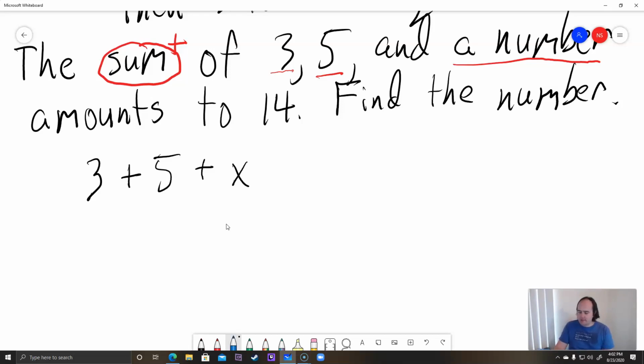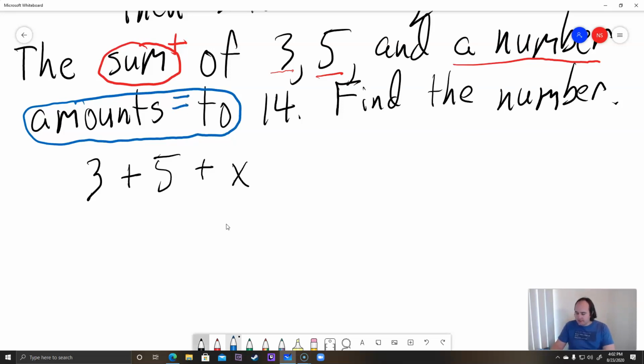And then how does amounts to translate? Well, amounts to is just like the word is. So amounts to just means equals. Okay, so we're going to write 3 plus 5 plus x equals 14. All right, and then on the earlier questions, we would be done.